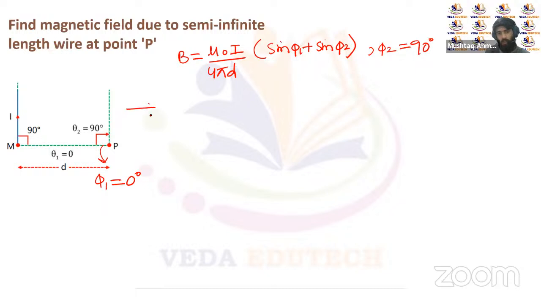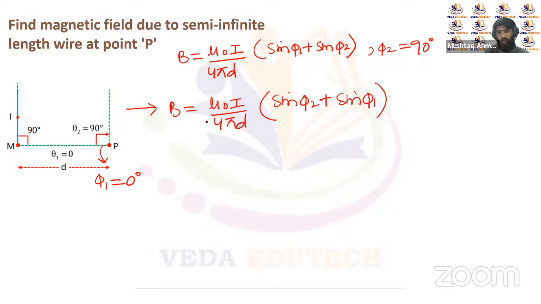If phi 1 is 0 degrees, then the magnetic field B will be equal to mu naught I upon 4 pi d, multiplied by sine of phi 2 plus sine of phi 1. Substituting phi 2 equal to 90 degrees and phi 1 equal to 0 degrees, B is equal to mu naught I upon 4 pi d, times sine 90 plus sine 0.